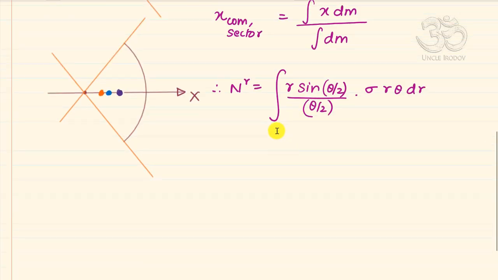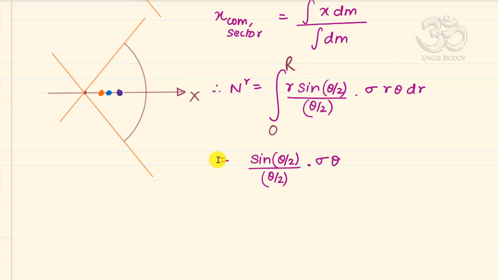So I am going to get 0 to capital R here, and I can take some constants out. Sine theta by 2 divided by theta by 2 multiplied by sigma theta, all that goes out.